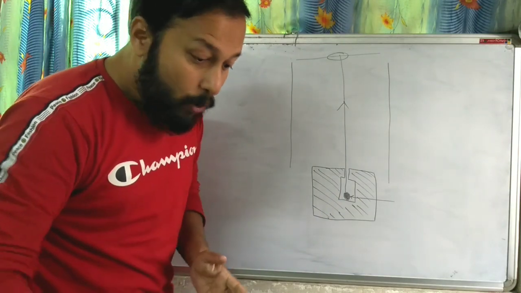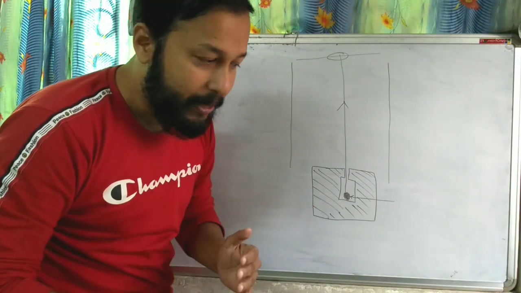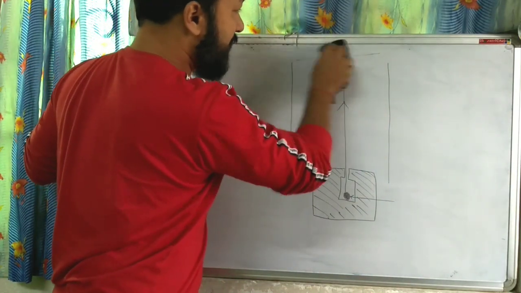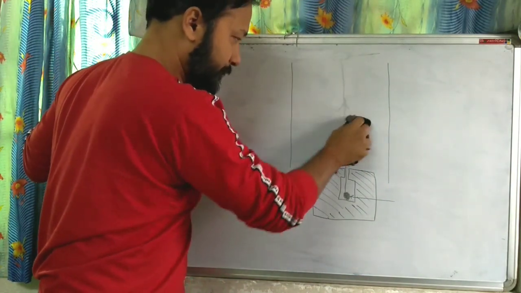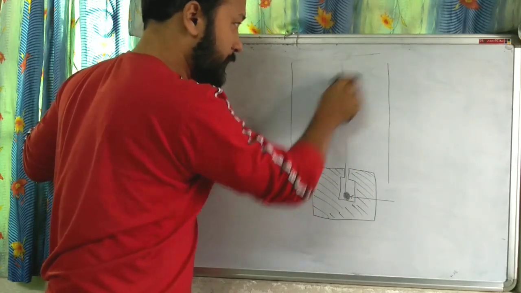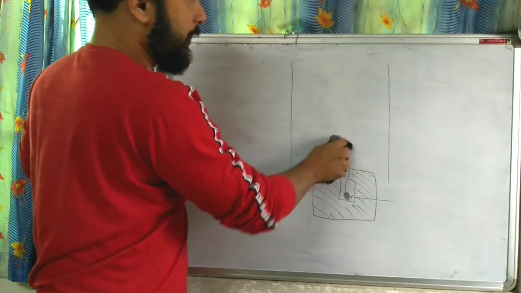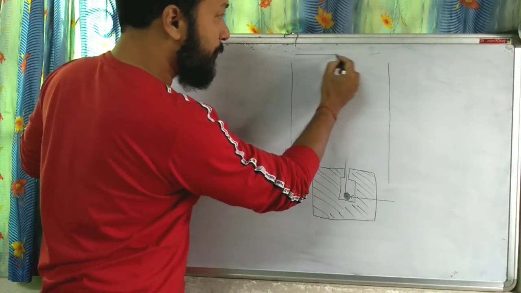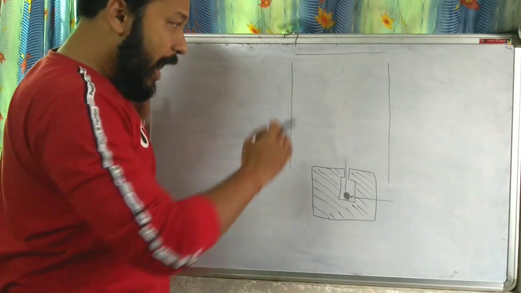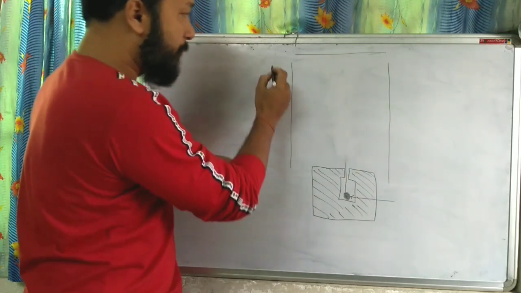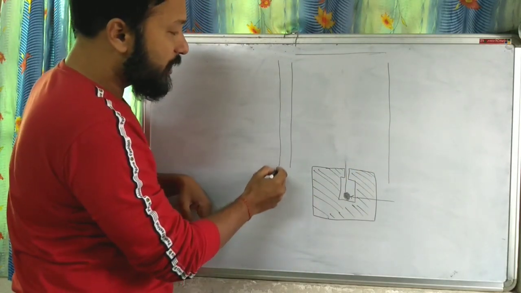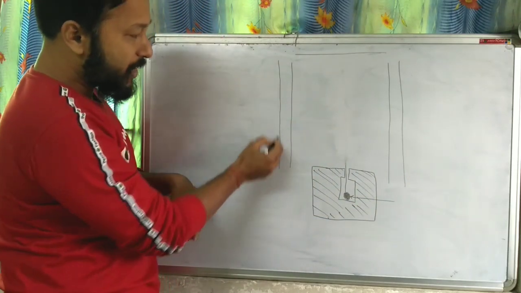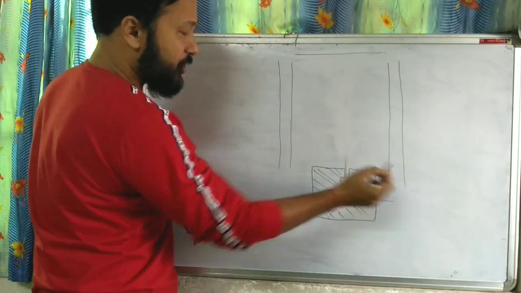Now he continued his experiment. What he did after that: again he took three photographic plates, and behind two of these photographic plates he took two metal sheets. This is a metal sheet, this is another metal sheet.